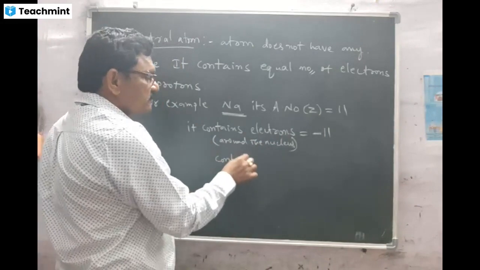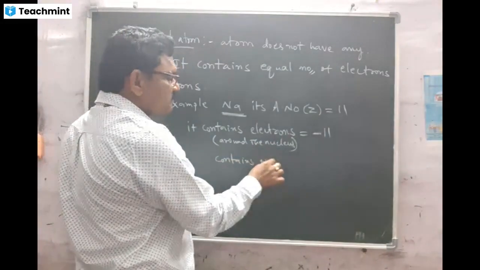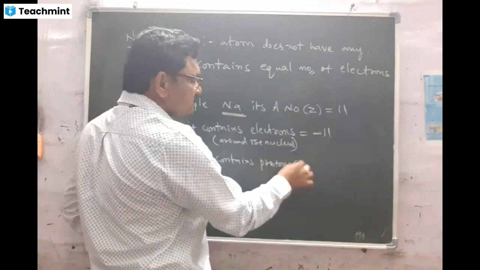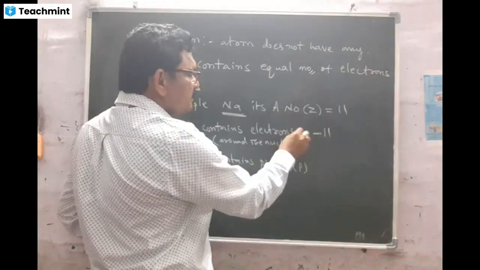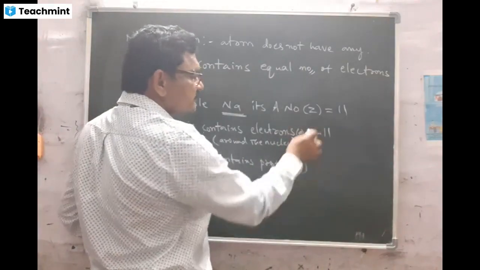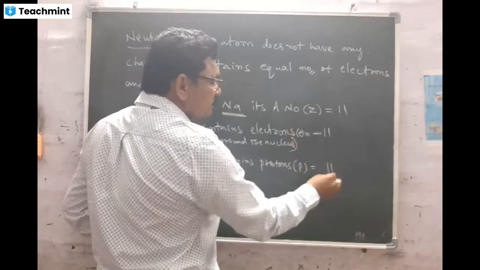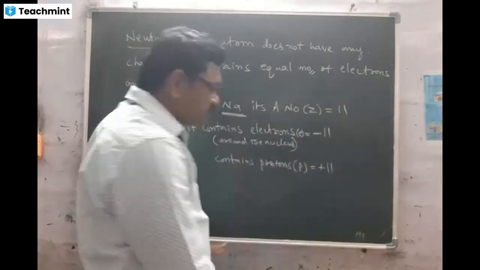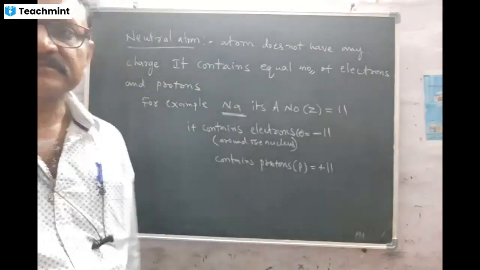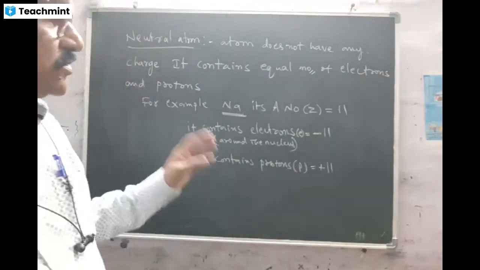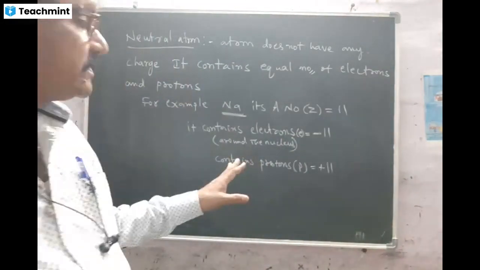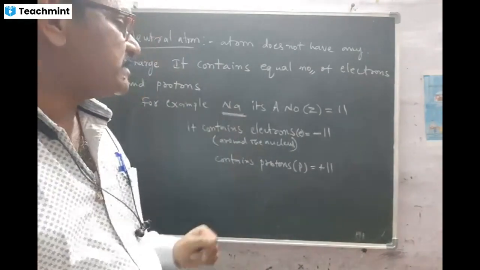It contains protons. You know electrons means e minus. Protons also number is plus 11. So neutral atom is having same number of electrons and same number of protons.